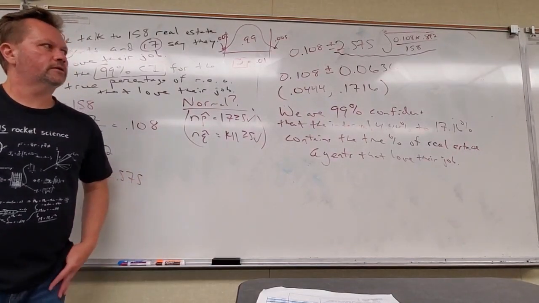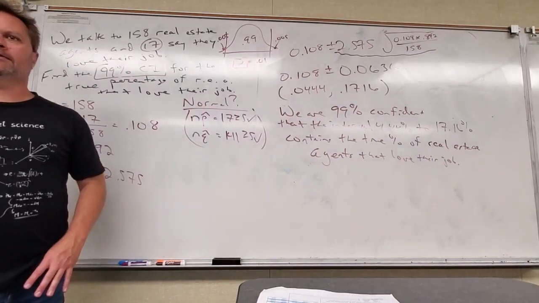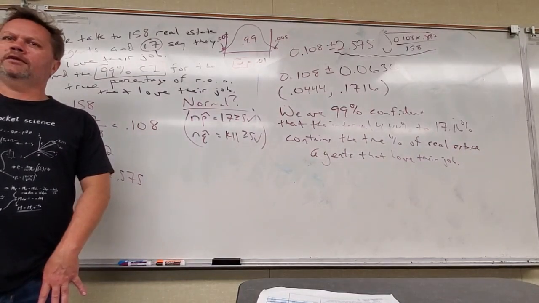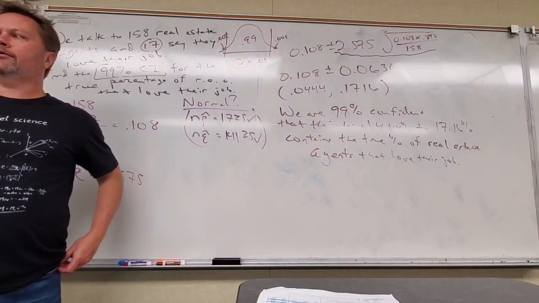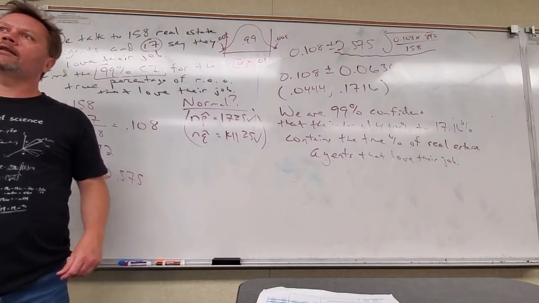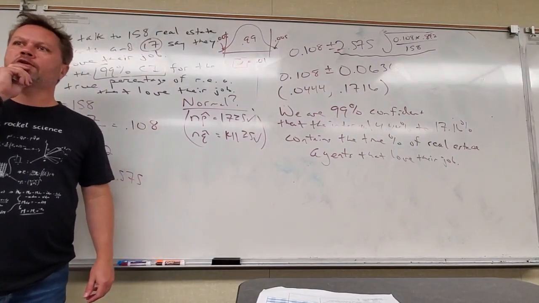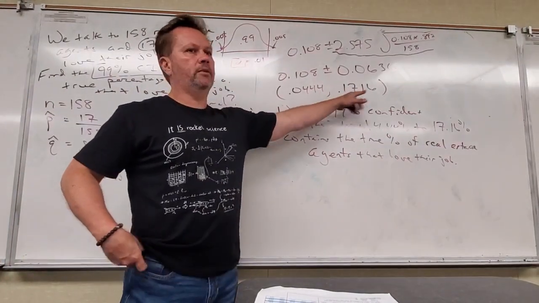Now, your gut reaction to that, 4% to 17%. What do you think? Is this evidence that less than a quarter of real estate agents love their job? Yes. Totally, because this is entirely below 25%.